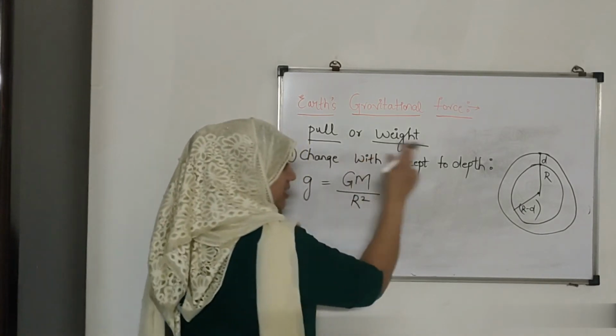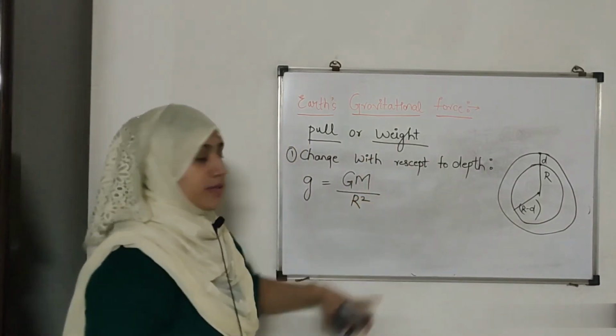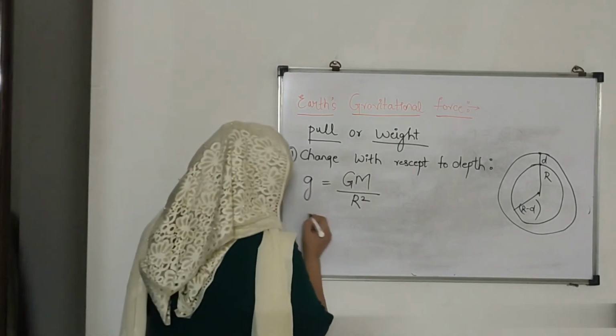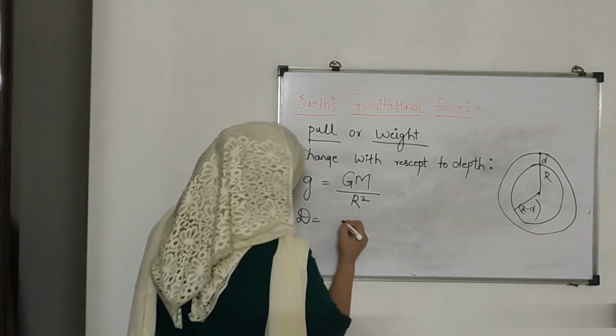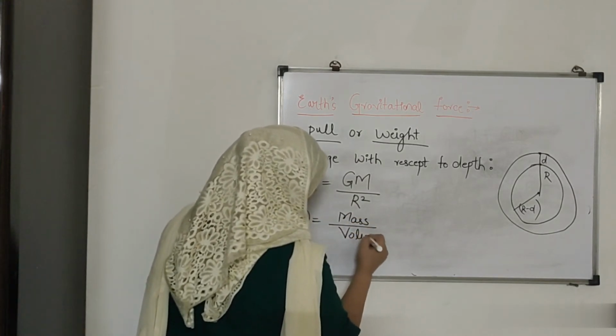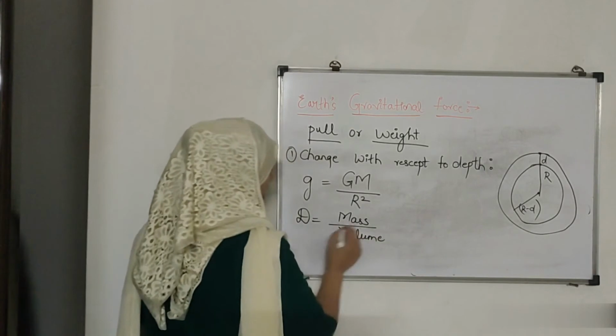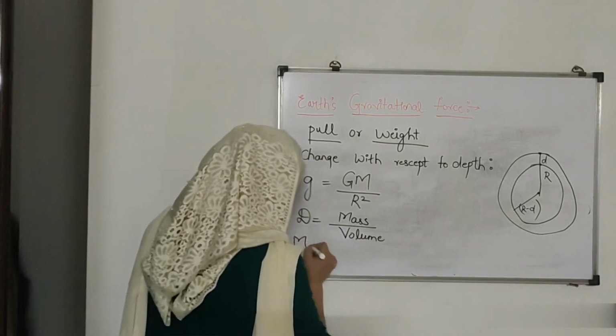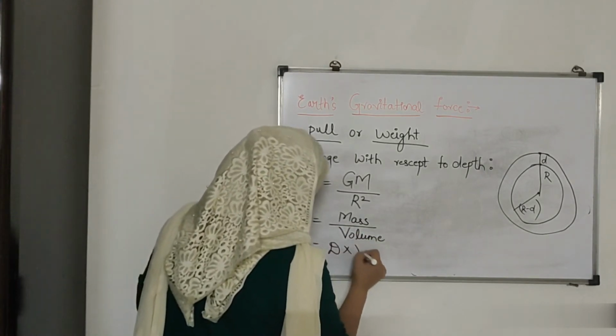Here this M is the mass of the earth. So now what is my mass? Density is equal to mass upon volume. So mass becomes equal to density into volume.